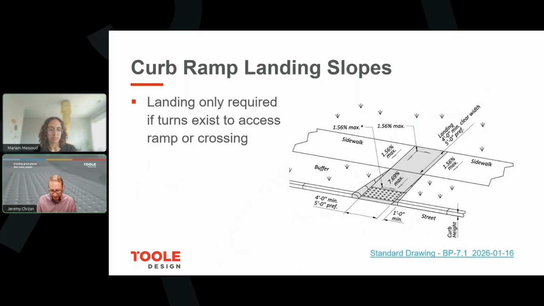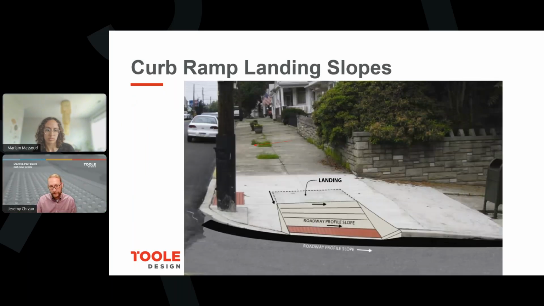By comparison, ODOT's detail shows the 1.56% in all directions. And again, the landing is only required if the person in a wheelchair needs to reorient themselves at the top of the ramp. Illustrating what I was saying, PROWAG's guidance is whatever your roadway profile slope is, your ramp slope should generally match that, and the slope of your landing should generally match that.